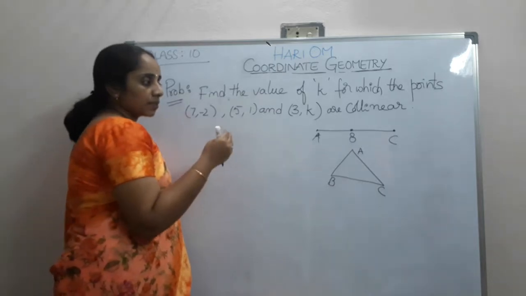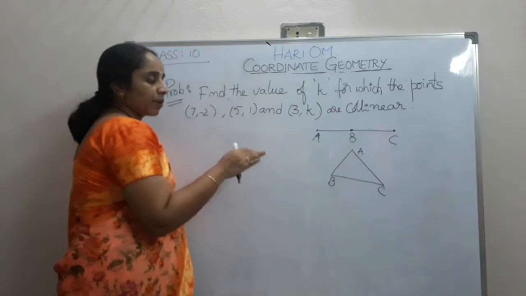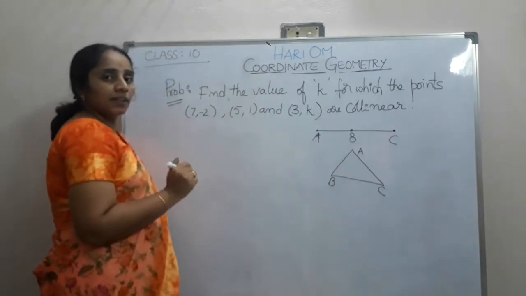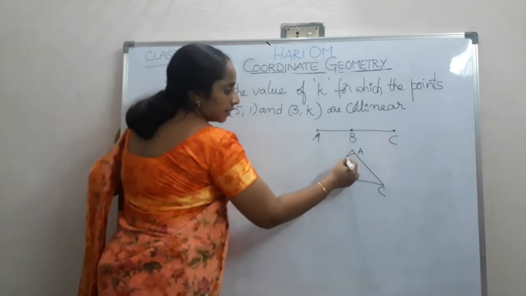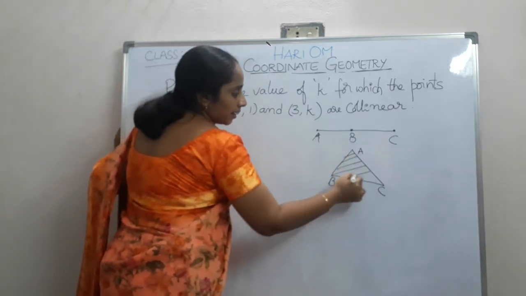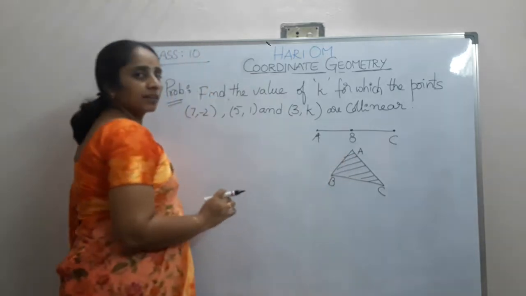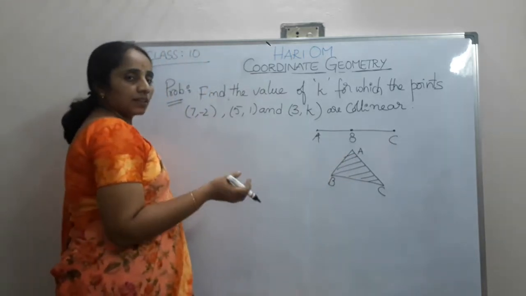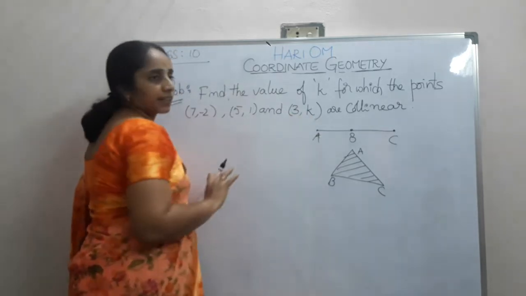That means AB are not all on the same line, BC not on the same line, AC not on the same line. No 3 points are collinear, so it can form a triangle, and then it has some area. If there is no area, the 3 points are collinear.